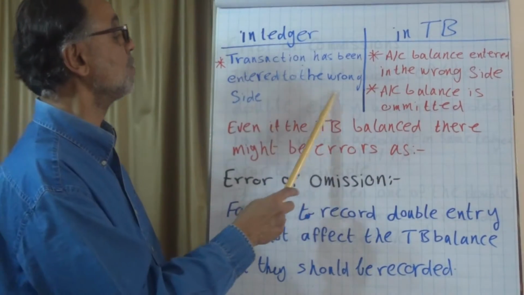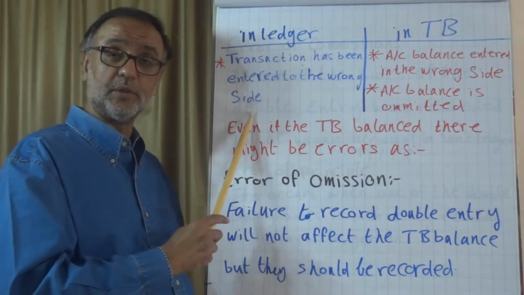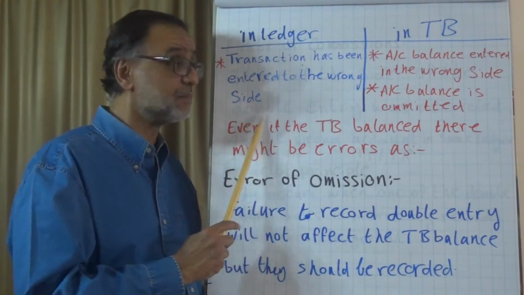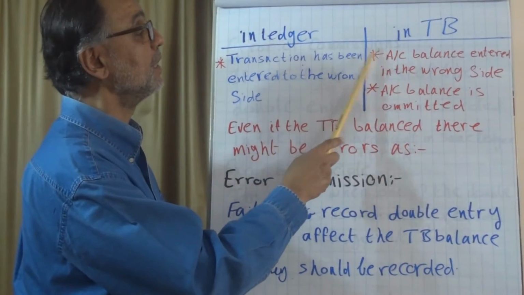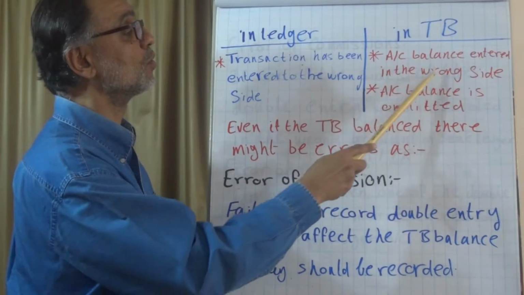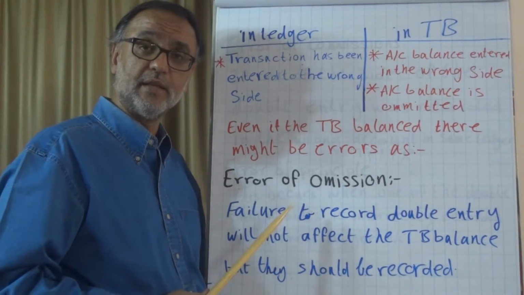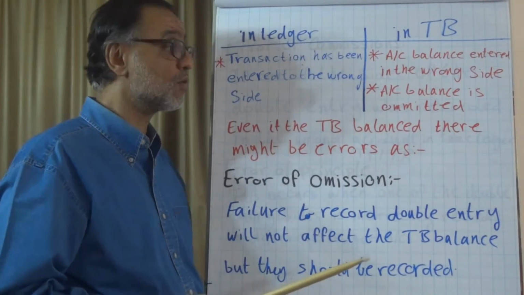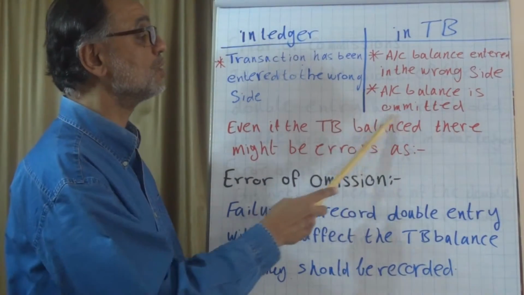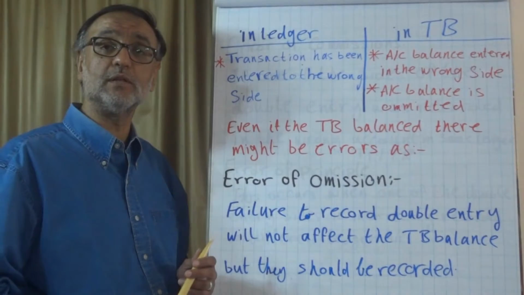A transaction has been entered to the wrong side in the ledger. In the trial balance, an account balance entered on the wrong side. When you are summarizing and taking the ledger balances, you put the balance on the wrong side. Or an account balance is omitted. Some account balances were not entered.